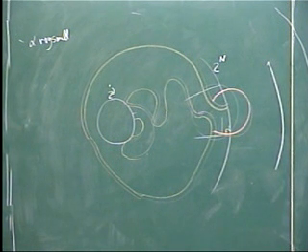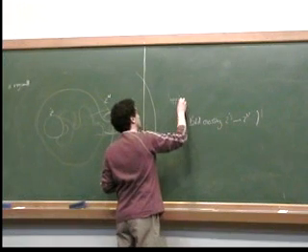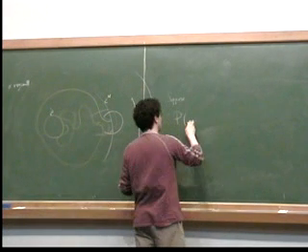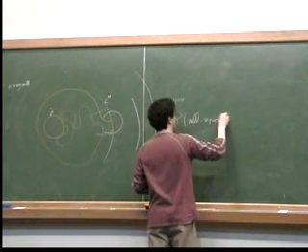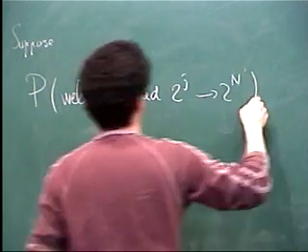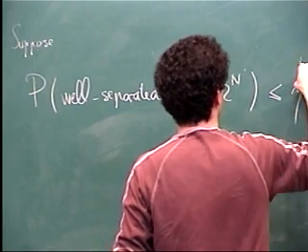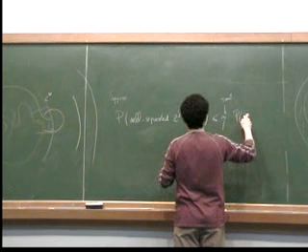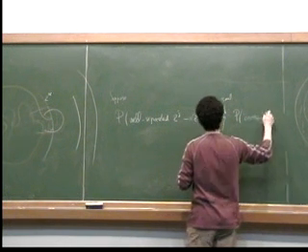How can I say? Suppose, let's put it this way, suppose that the probability of well separating from 2 to the j to 2 to the n is smaller than some small eta, this is small, times the probability of just a crossing from 2 to the j to 2 to the n.